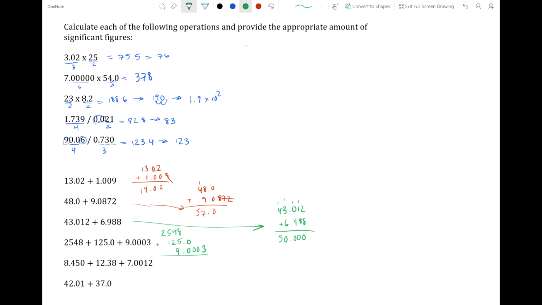Alright, now this 2,548 is going to set the tone, and since it has nothing at the tenths place, we're going to completely forget about all decimal points here. So we're just going to worry about this 5 plus 8, which is 13, plus 9 makes 22, so we carry the 2 over here. 2 plus 4 is 6, plus 2 is 8, 1 plus 5 is 6, and 2. So 2,682.